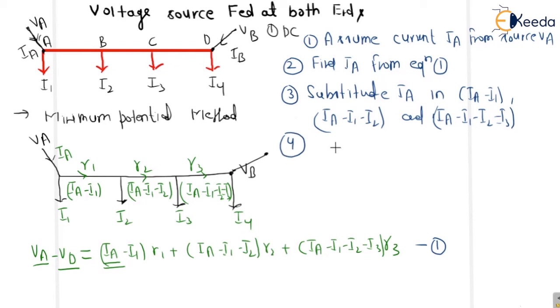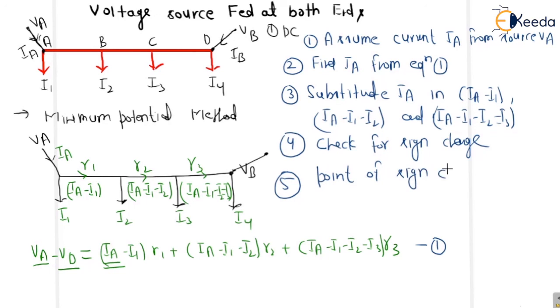The fourth step is to check for sign change. The point at which the sign changes will be the point of minimum potential.